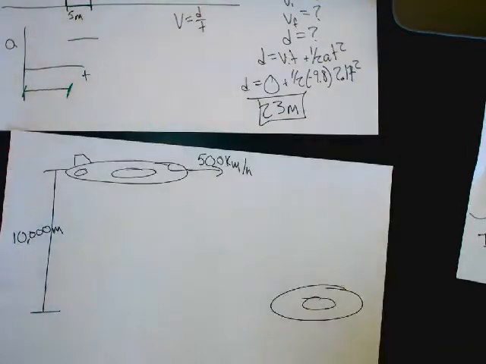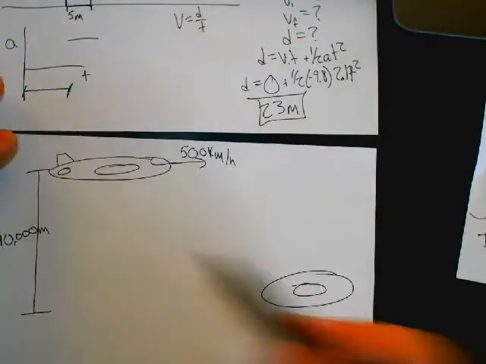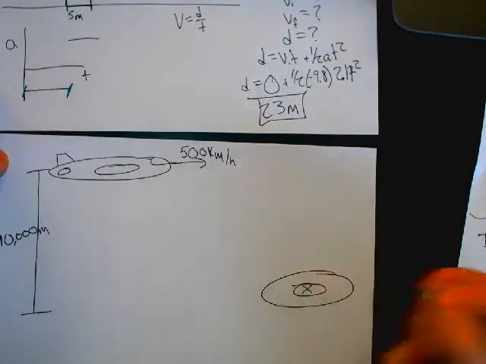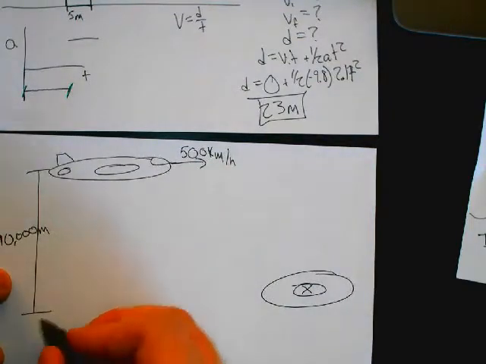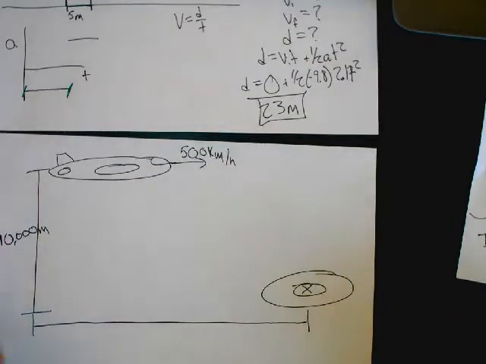Not really. That'd be like, well, 10 kilometers is like 5 miles. So 5 miles is 25,000 feet, 25 to 30,000 feet. That's standard cruising altitude. All right, traveling at 500 kilometers per hour. And we've got our target here. And we're going to say that we are some distance out.